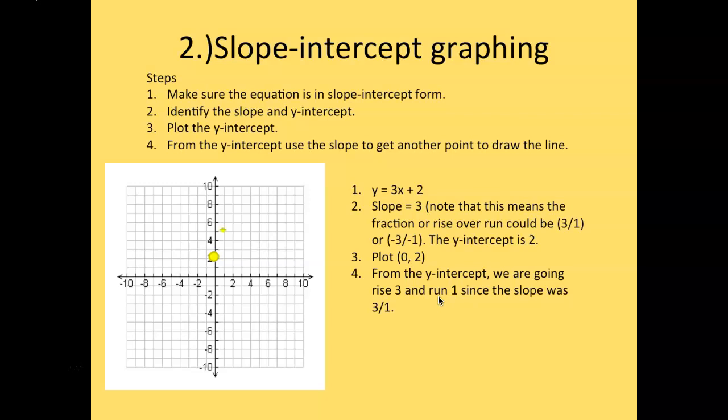Okay, so after having that, plot the point there, and now you have 2 points. You can now connect them through a line, and that is how we graph a line using the slope-intercept method.